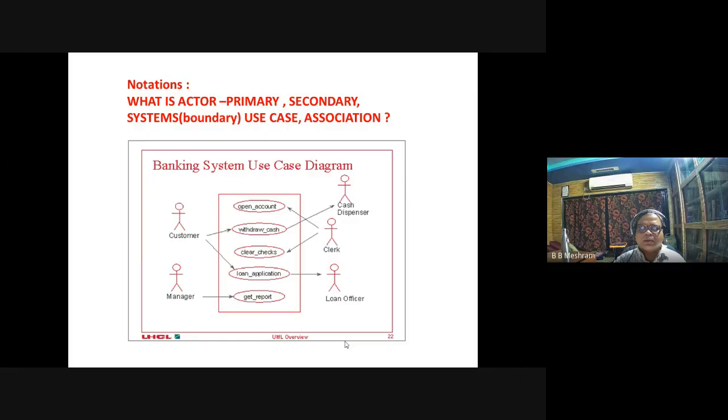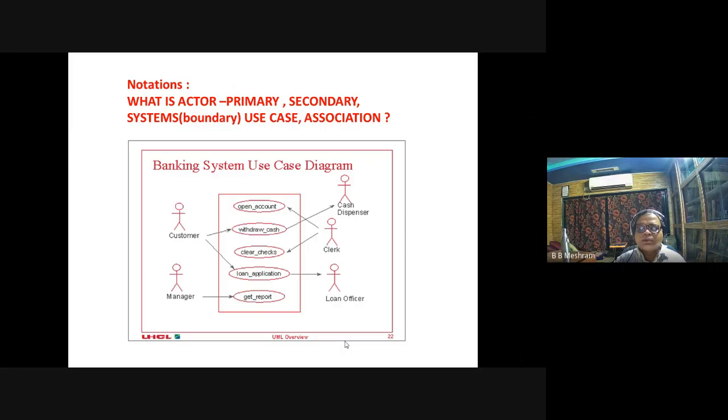Primary actor is useful to initialize the use case, while secondary actor is useful to support the execution of the particular use case.